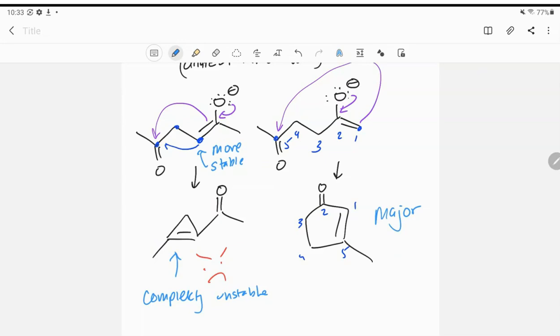Since we're heating this thing, that ups the chance that we're going to get a thermodynamic product, right? So we tend to look less at kinetic products when heat is involved. So even though we have the less stable enolate, we end up with a much, much stabler product. And so that would be our major product. Okay?